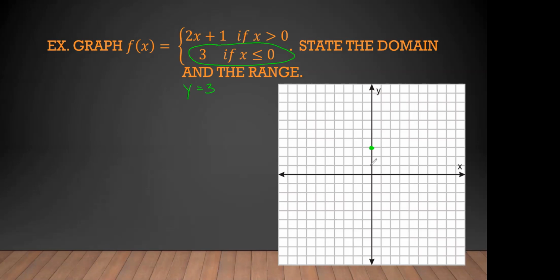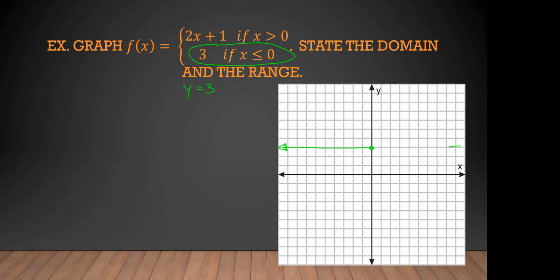And the reason I put it here is because this is positive 3. And then it would be going this direction, okay? Because it's less than 0. So all the values of x where it's less than 0. I wouldn't go all the way across, okay? Because it's asking specifically for less than or equal to 0, okay?